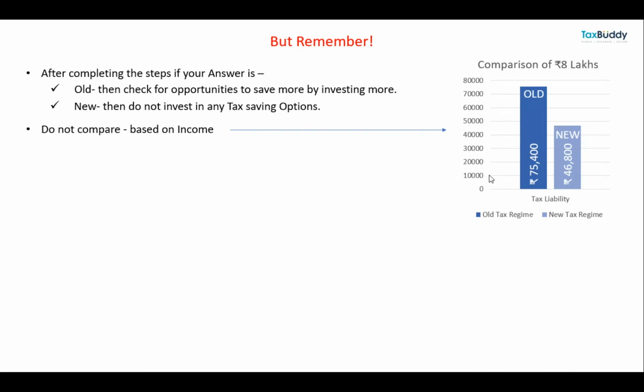Here we can see that the tax liability in the new regime is lower than the old regime, but which is incorrect. As we went through the steps of calculating unavoidable expenditure and unstoppable investments, we came to know that the old regime was better. So please don't compare based on the income. Compare only after considering and calculating all these steps.